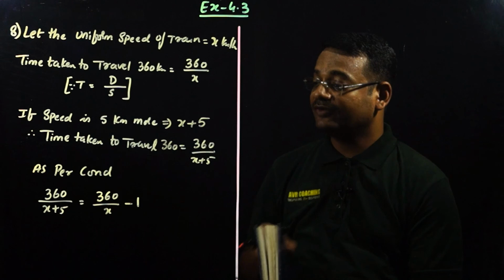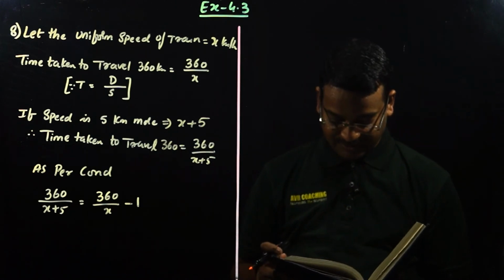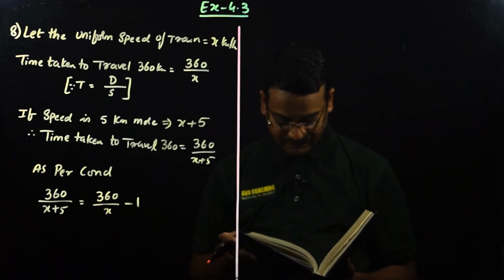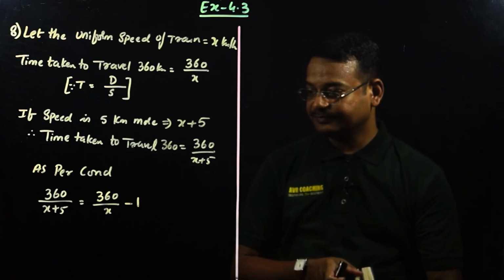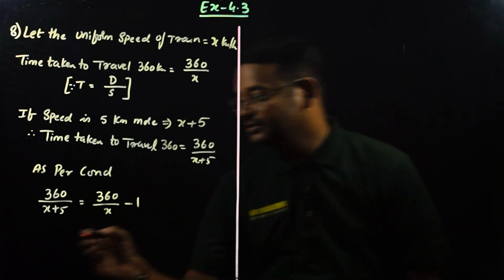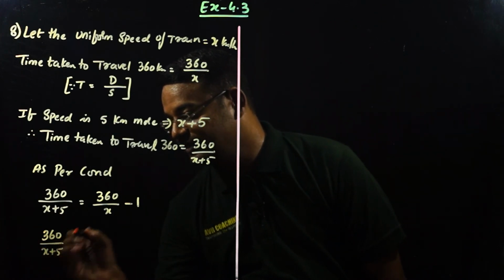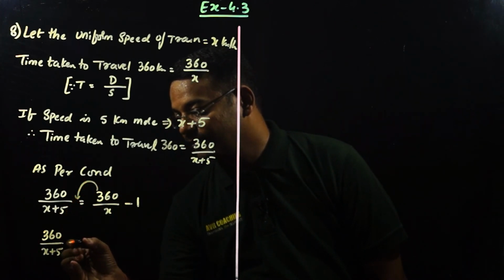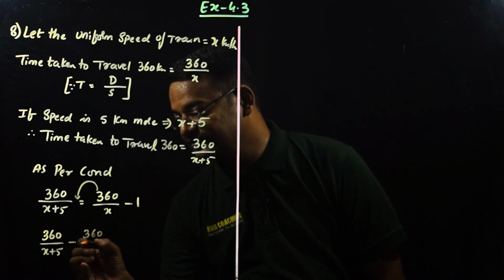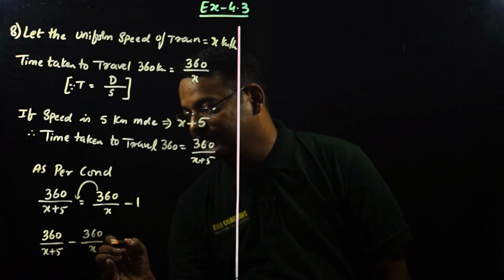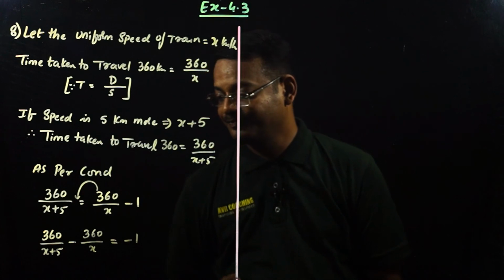So now we have to convert this into a quadratic equation. This can be converted into a quadratic equation like, 360 by x plus 5 minus 360 by x is equal to minus 1.